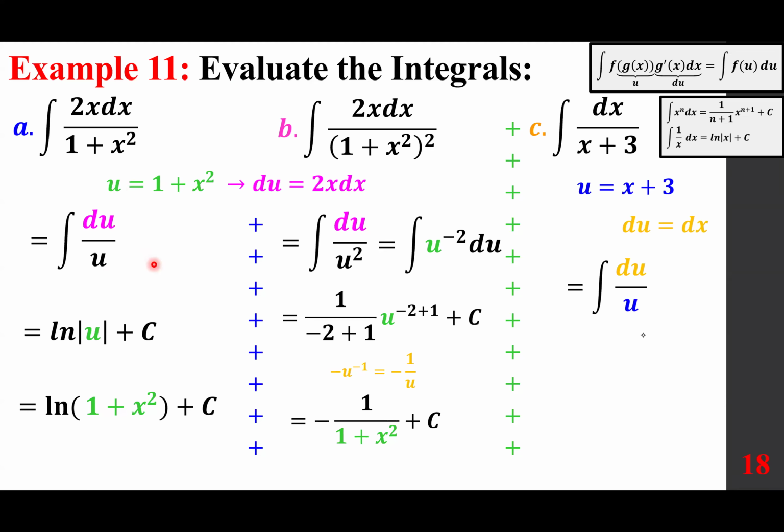It's a natural log of the absolute value of u plus a constant. Now, of course, when you replace the u, it's ln of the absolute value of x plus 3 plus c, and you must keep the absolute value because x plus 3 can be positive or negative, whereas 1 plus x squared is always positive.